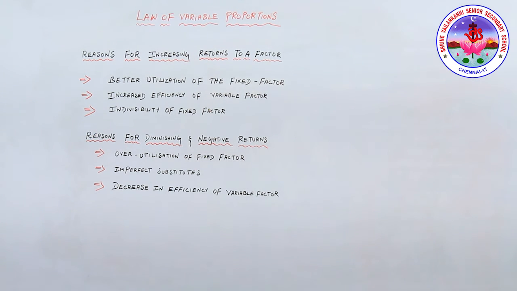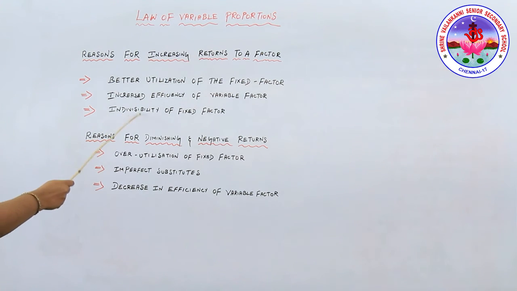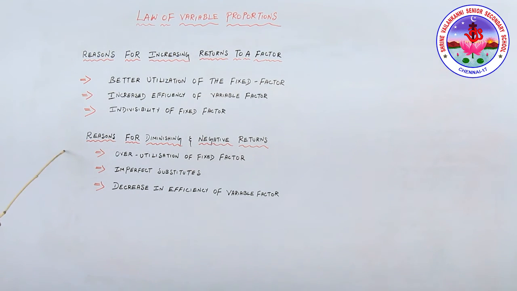Third, indivisibility of the fixed factor: some factors are indivisible, so when the variable factor is increased, those fixed factors can be used at full capacity, and this will lead to increased marginal product. So these are the reasons for increasing returns to a factor.